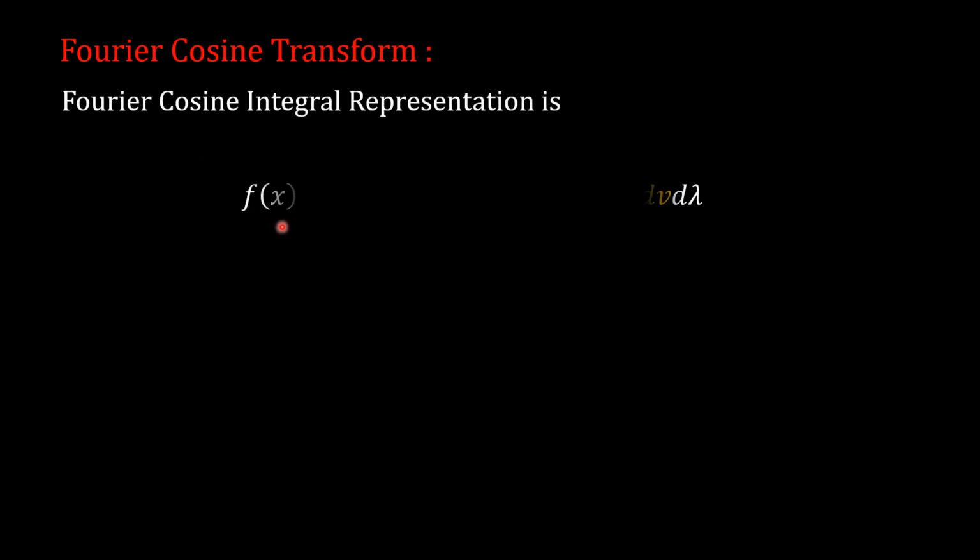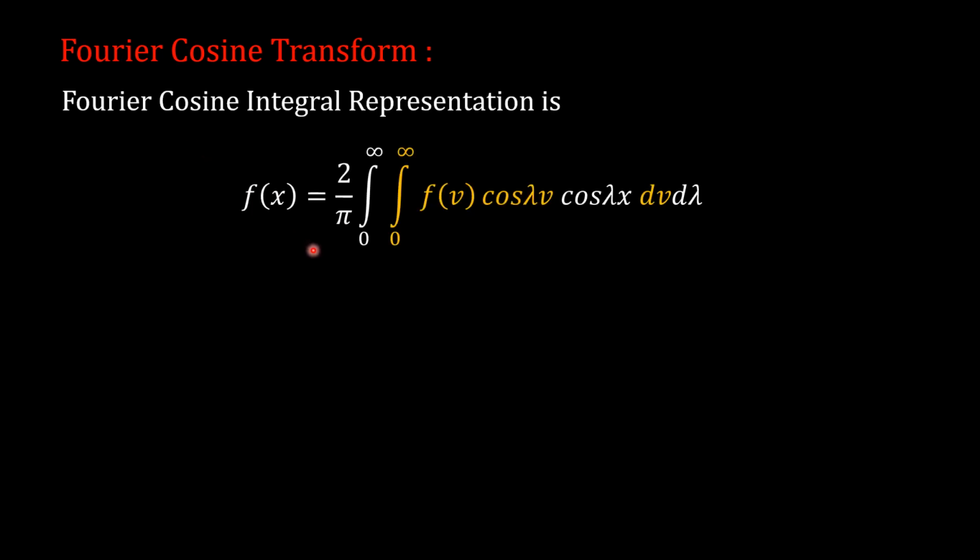which is given by f of x is equal to 2 upon pi integration from 0 to infinity integration from 0 to infinity f of v cos lambda v into cos lambda x dv d lambda. Now whatever highlighted terms are here with the integral sign, that is called as the Fourier cosine transform.